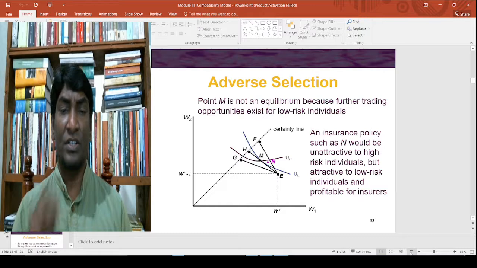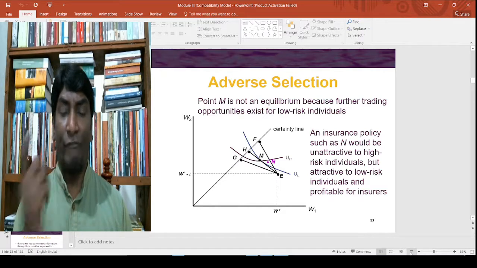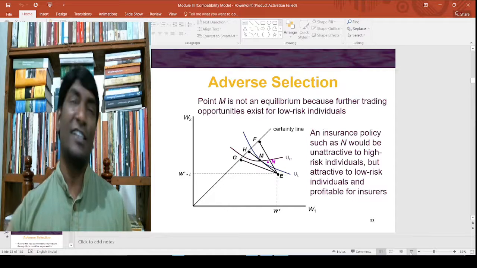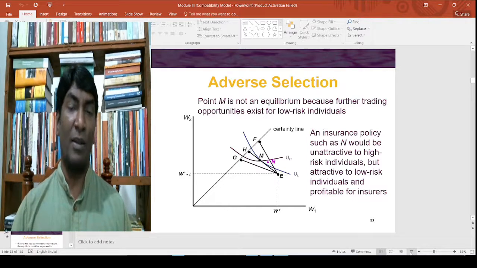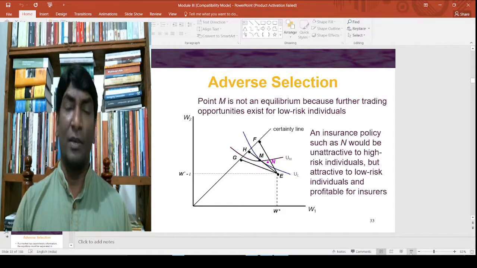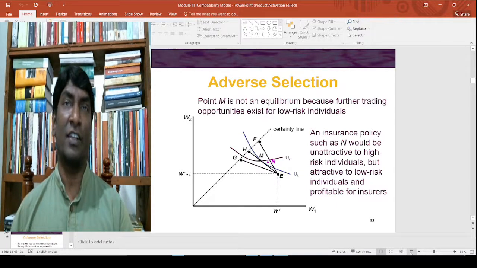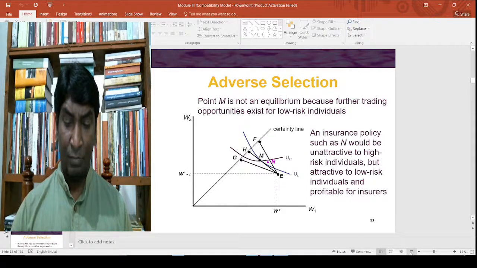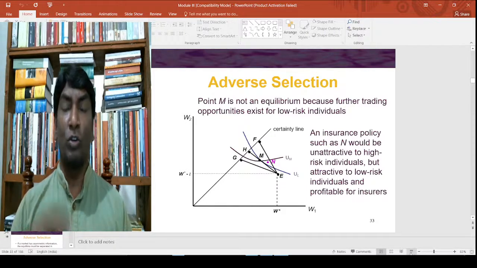This is an interesting reason, especially in countries like India, why coverage is normally far less than full. Both the insurers and the people who are buying insurance have this sort of a case.